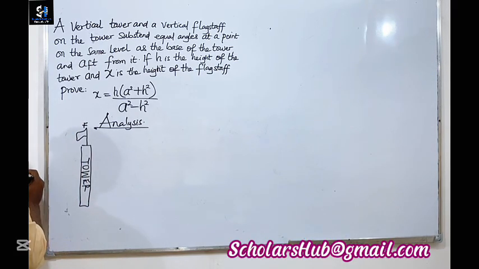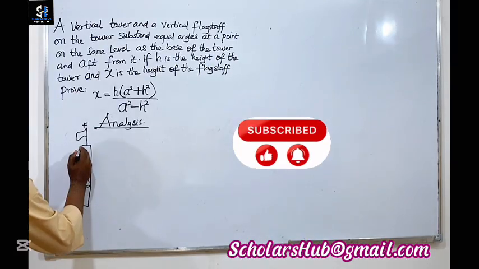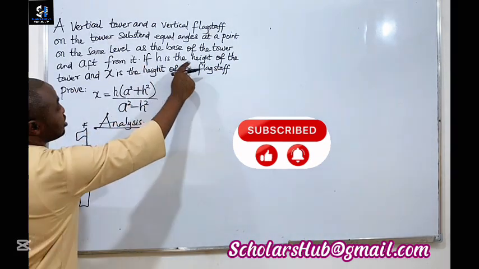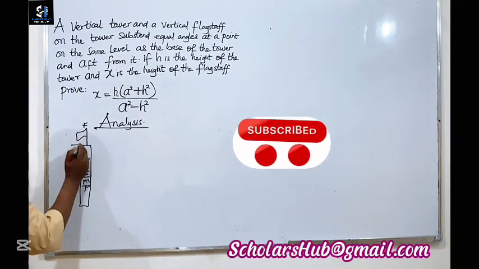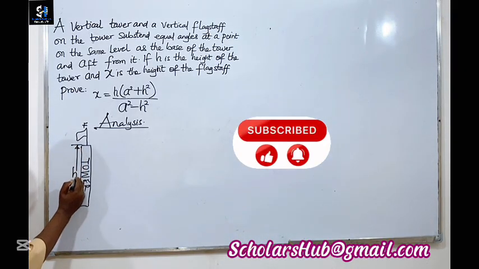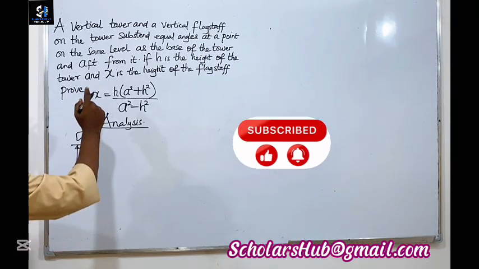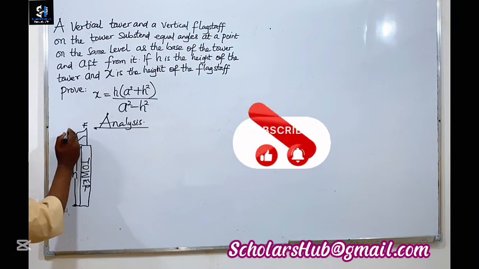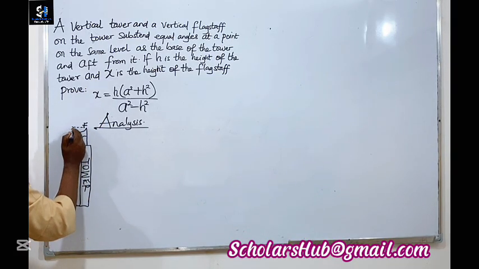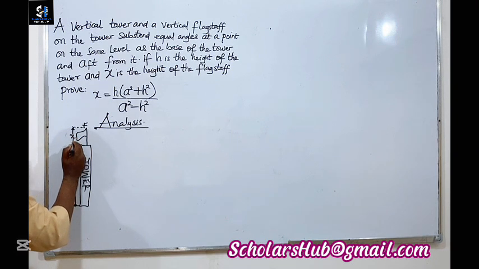This is the flagstaff. Let me label that with letter F. Now we're given that if h is the height of the tower, the height of the tower is h, and x is the height of the flagstaff. So for the flagstaff, the height is x.